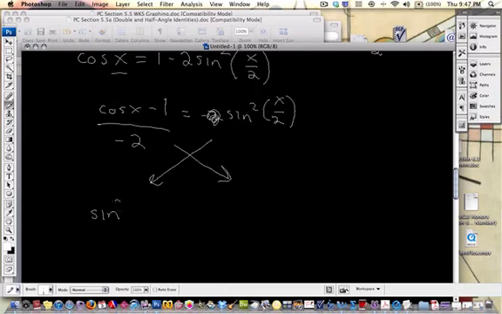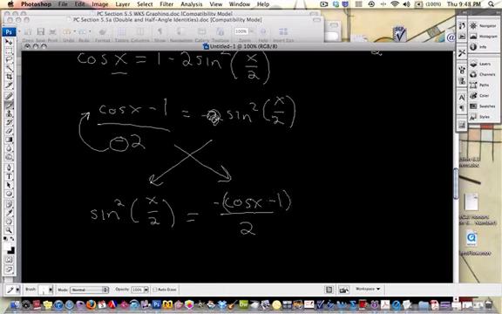So I've got sine squared x over 2 equals, and I'm going to bring this negative out front. So this is going to be all over 2, but it's going to look like negative in parentheses cosine x minus 1. That negative is just that negative brought up out front. We can distribute this negative and make that negative cosine x plus 1 over 2.